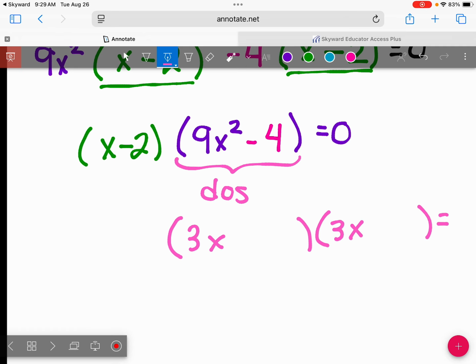What squared gives me 4? 2. One set of factors gets a plus, one set of factors gets a minus. And then this x minus 2 is still just showing up here. And it's all still equal to 0. So now what we have is this whole thing in factored form. No quadratic formula needed, nothing super duper hog wild. Good to go.